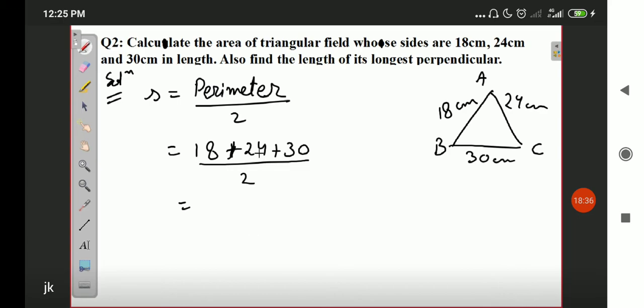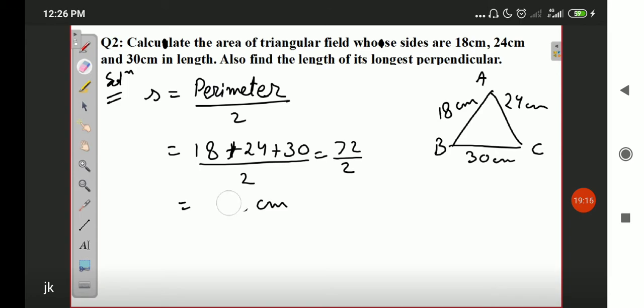Calculate by yourself. 18, 24 plus 30 is 54. 54 plus 10 is 64. 64 plus 8 will be 72. 72 upon 2, 2 3s are 6 and 2 6s are 12.